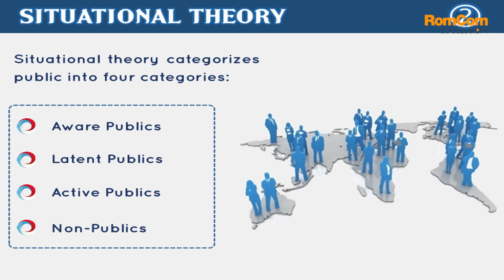Now, situational theory, why is it important for public relations professionals? Because it helps them to categorize people into different publics so that they can communicate to the target audience more effectively.